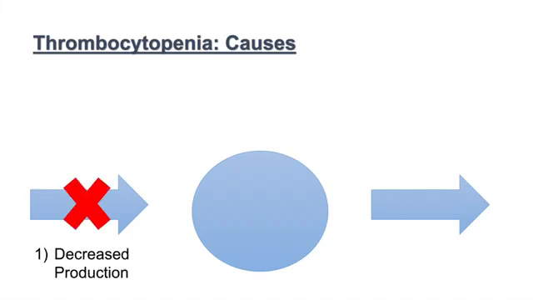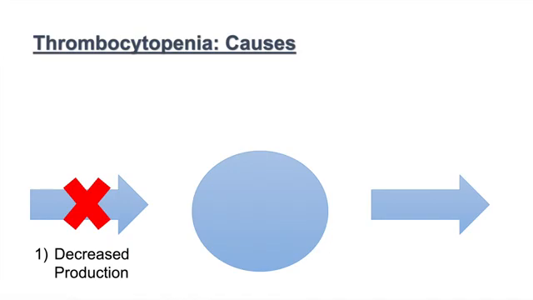So the first category of causes for thrombocytopenia is decreased production. If we decrease the amount of input, or production, of thrombocytes, this body pool of thrombocytes actually decreases.